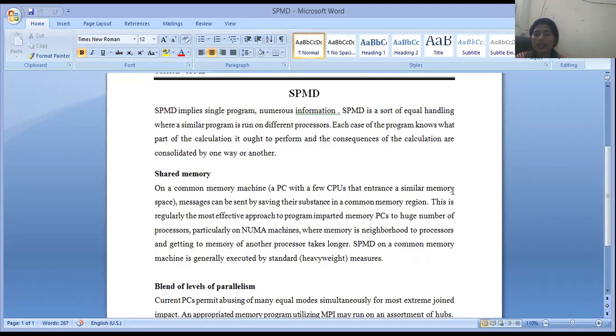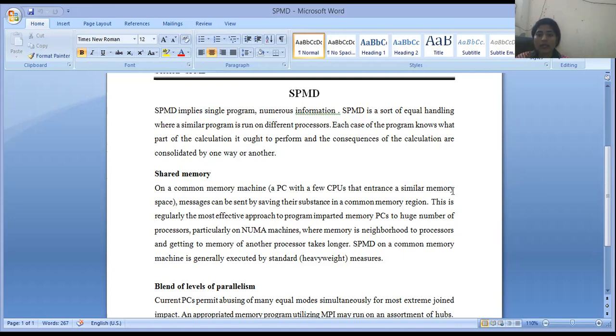Now if we talk about shared memory, what is shared memory? On a common memory machine, messages can be sent by saving their contents in the common memory region. Isn't it? The message is saved in this region.